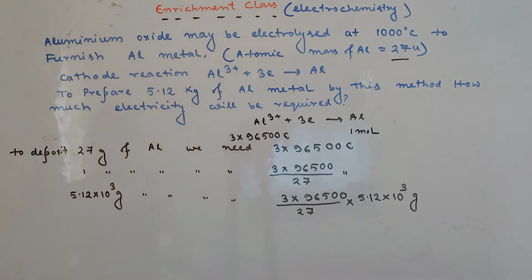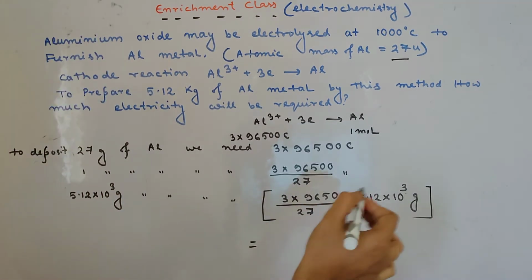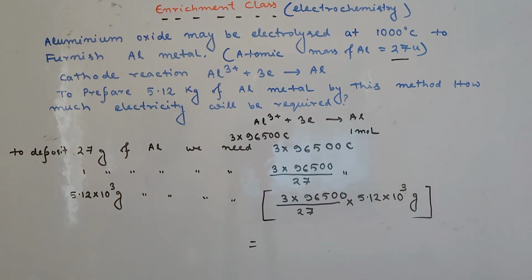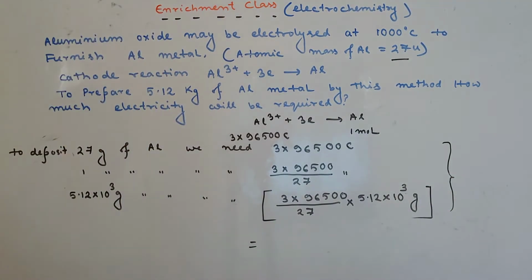So this is the scenario. Whatever will be the answer of this much will be our desired answer. You should calculate; I'm just writing the answer straight away because I have it. The main thing is to understand this much.